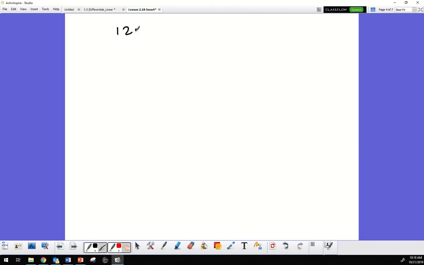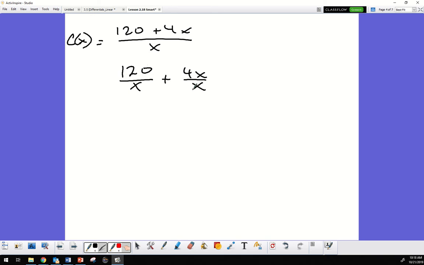So if I have 120 plus 4x over x, and this is my c of x. Now, I'm going to do what I did in that very first problem. That very first problem, this has a common denominator, doesn't it? Yes. Okay, it does have a common denominator. So if I break it up into 2 separate parts, it's 120 over x plus 4x over x.